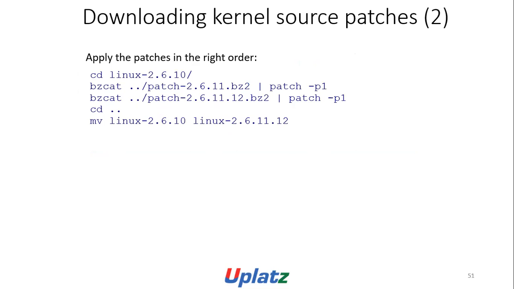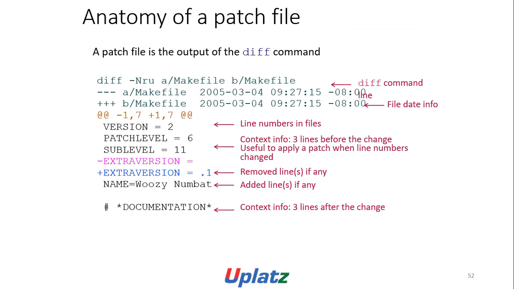Apply the patches in the right order. cd linux-2.6.10, bzcat patch-2.6.11.bz2 | patch -p1, bzcat patch-2.6.11.12.bz2 | patch -p1, cd .., mv linux-2.6.10 linux-2.6.11.12. A patch file is the output file of the diff command.